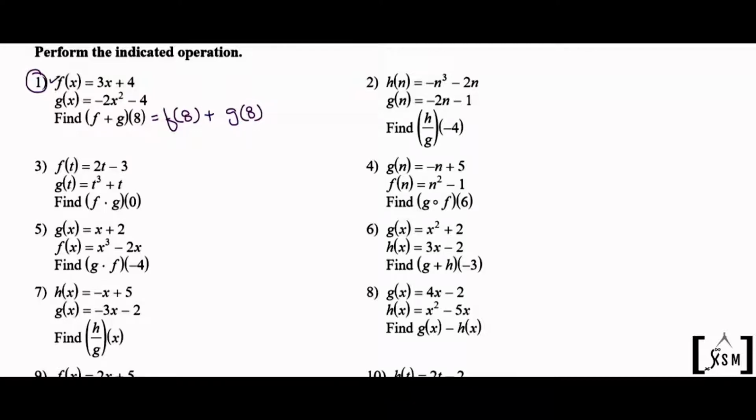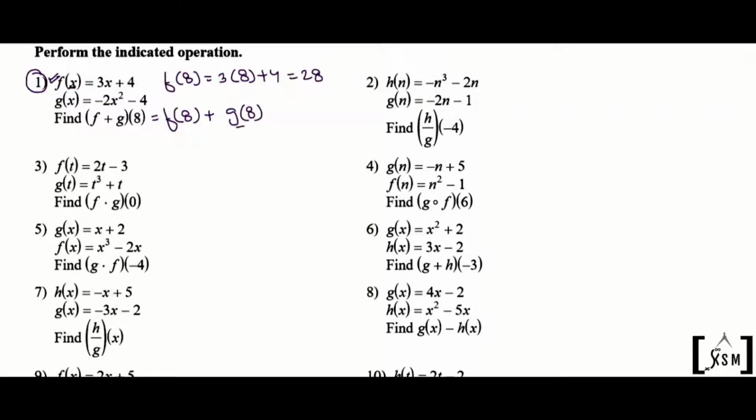To find the value of f8, in place of x we'll just plug in 8. So that makes 3 times 8 plus 4, which is actually 28. So we got the f8 value.